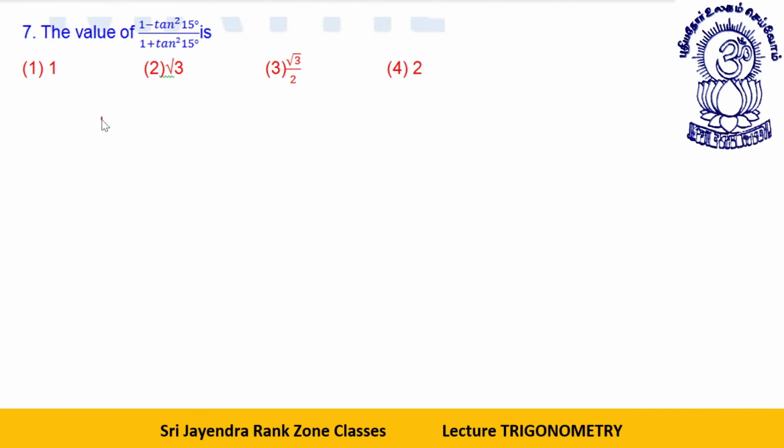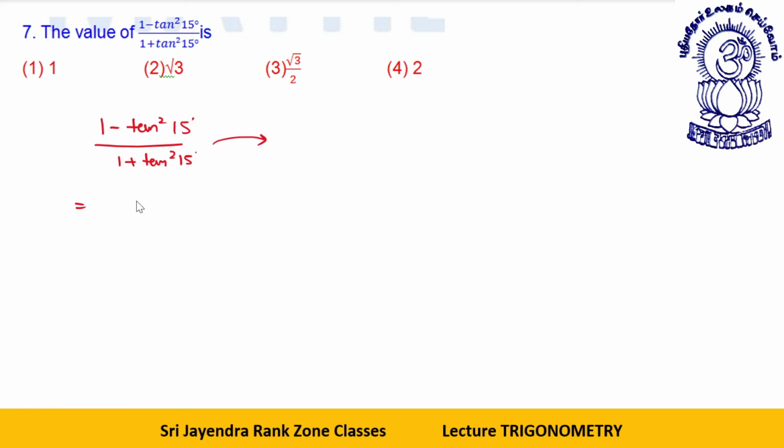The value of 1 minus tan square 15 degree divided by 1 plus tan square 15 degree will be what? See, 1 minus tan square theta upon 1 plus tan square theta is actually tan 2 theta.